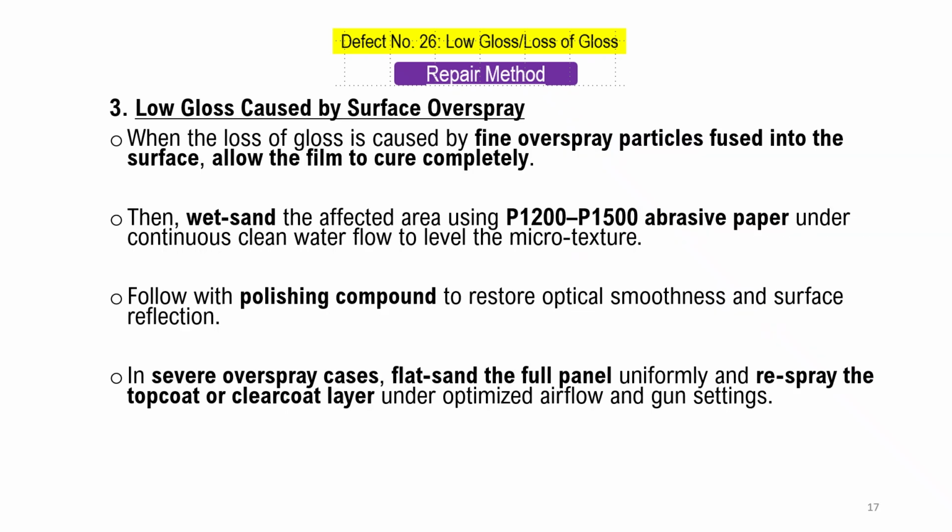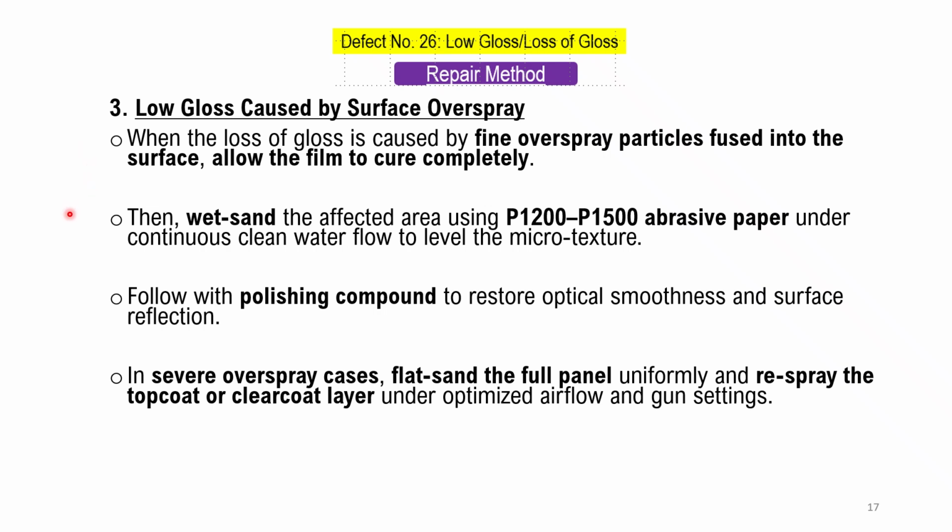In the third case, that is, in case of low gloss caused by surface overspray. To start with, when the loss of gloss is caused by fine overspray particles fused into the surface, allow the film to cure completely.